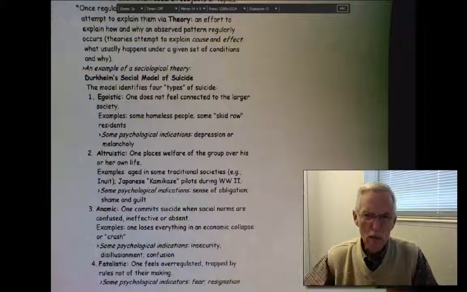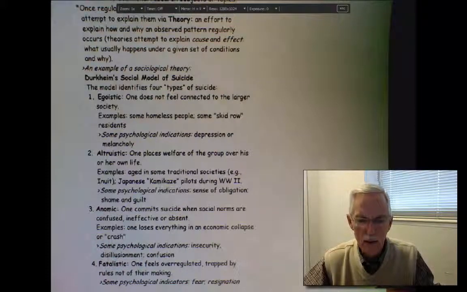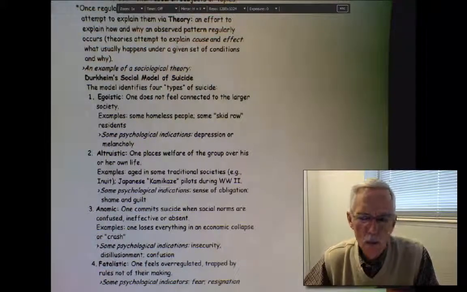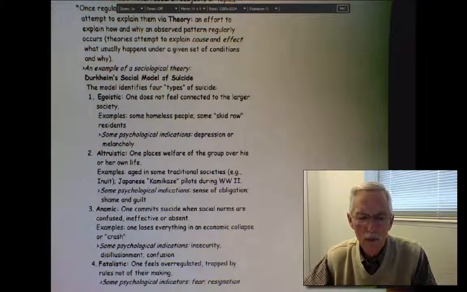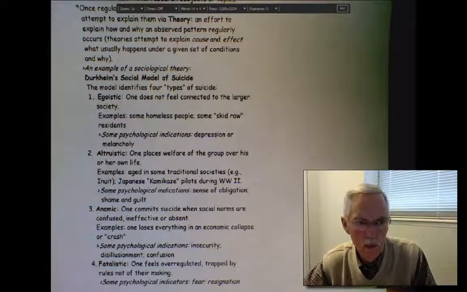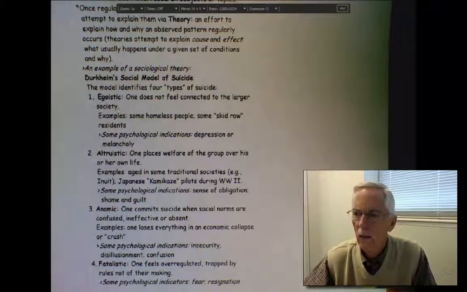But dramatic social change can sometimes screw up these norms, make them ineffective. Some psychological indicators of this type of suicide would include insecurity, disillusionment, confusion as to how someone should behave.